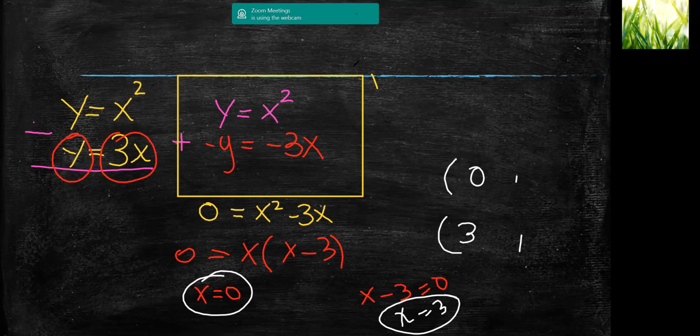But with a system, you have to know the coordinates of the point. That means if I have x, I must find y. How can we find y? I will replace the 0 and 3 in one of the equations. Exactly. So let's replace in this equation here: 0 squared minus 0 times 3.